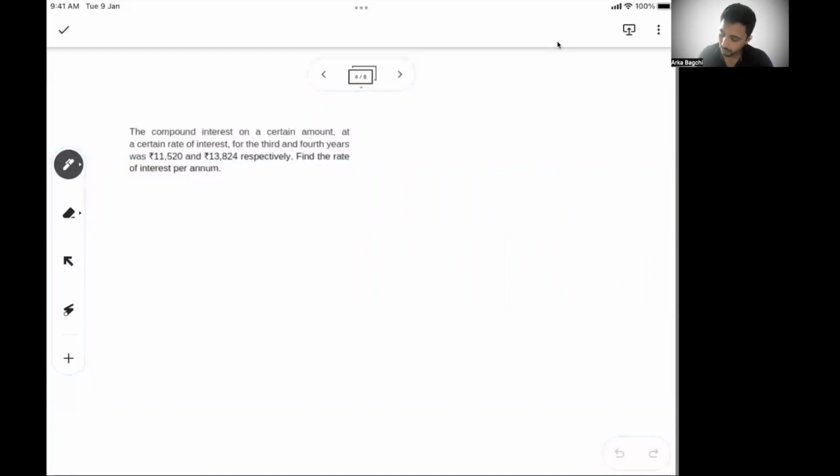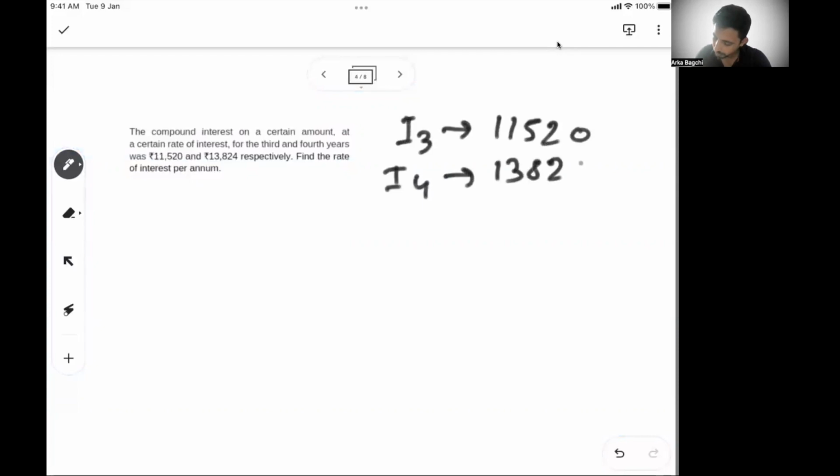So the interest for the third year is 11,520 and the interest for the fourth year is 13,824. The increase in interest from the third to the fourth year is because of the interest you generated in the third year. Otherwise everything remains the same. The only difference is the interest you earned in the third year.